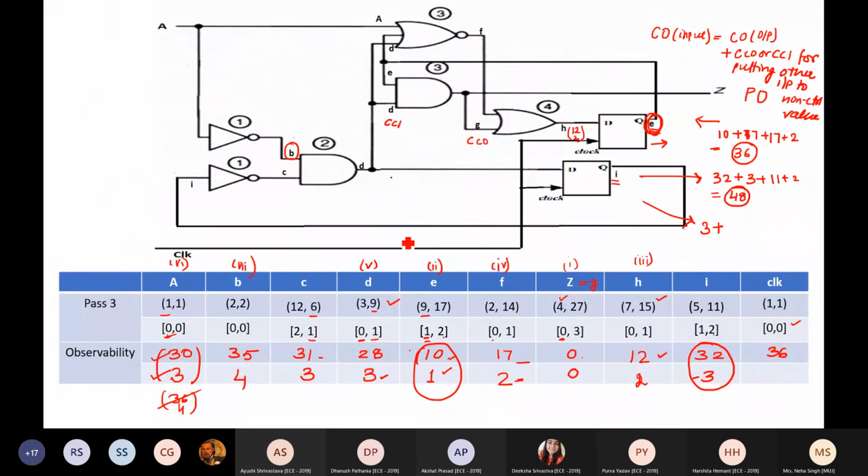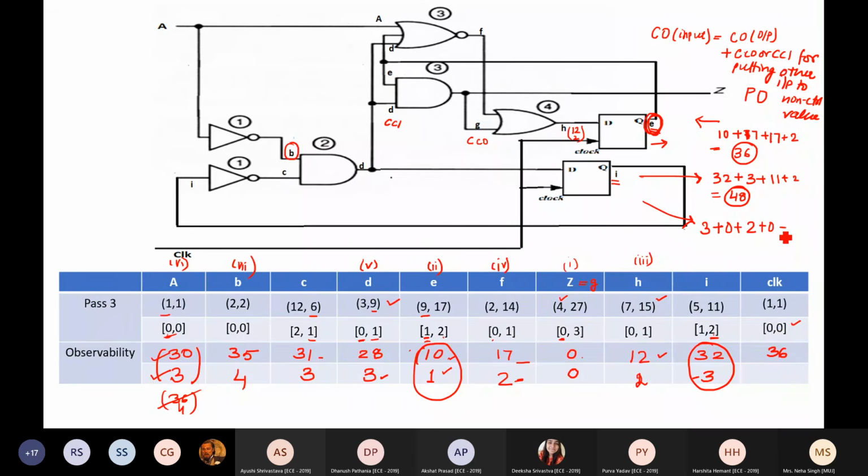Input is D, so SC0 of D, which is 0. SC1 of output, that is I. I का SC1, which is 2, plus clock. Clock is 0. So this gives me 5.